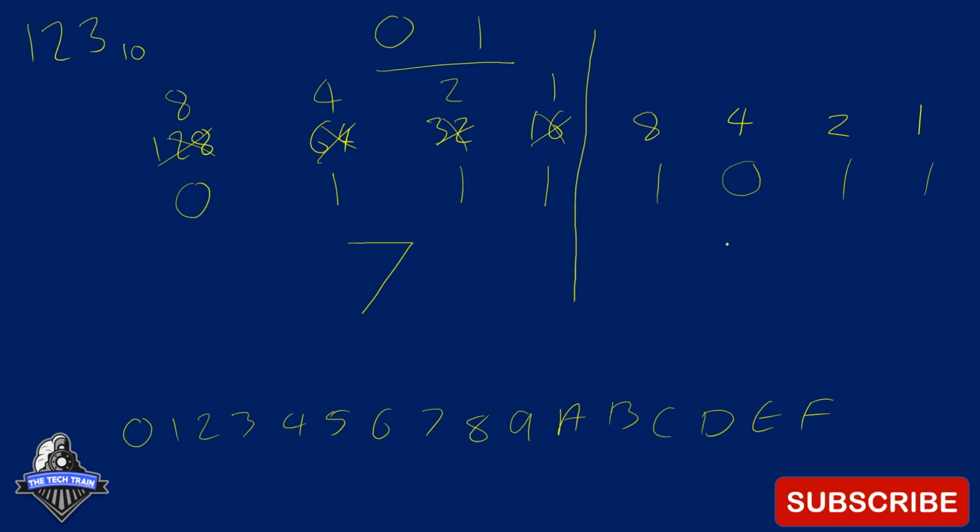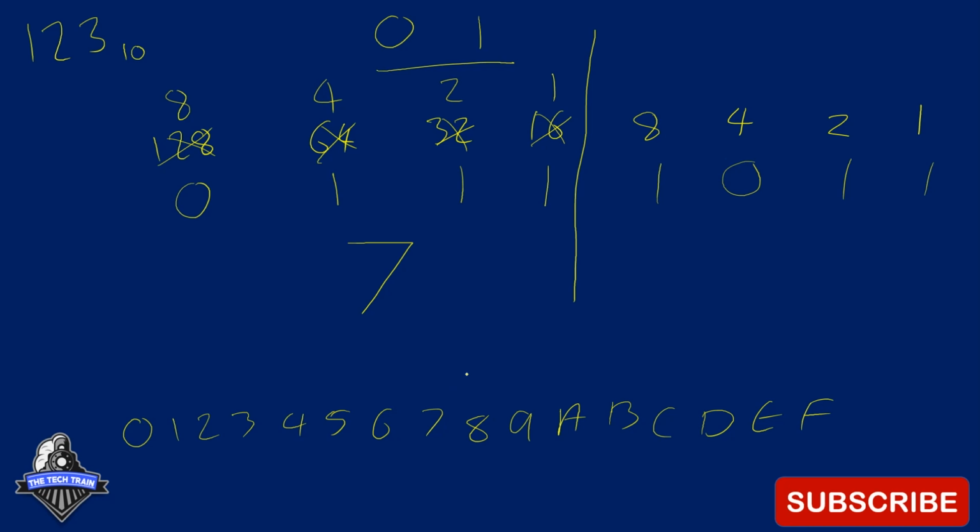Let's have a look at the one on the right now. Here we have a 1 in the 8's column, a 1 in the 2's column, and a 1 in the 1's column. So we add the 8, the 2, and the 1, which of course makes the number 11. But 11 is not one of the digits in hexadecimal. So which position is it?